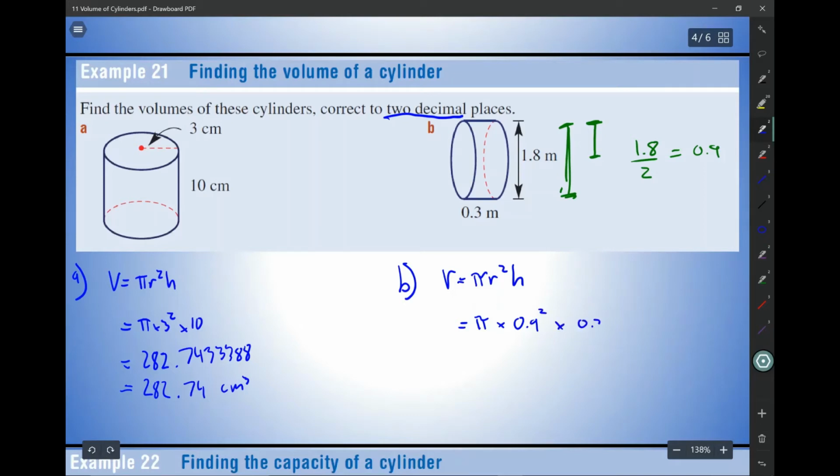And the height is 0.3. So again, this line of working just goes straight into the calculator, and we get our answer, rounding off to 2 decimal places again, 2.84 cubed meters.